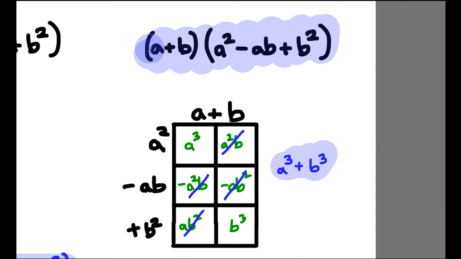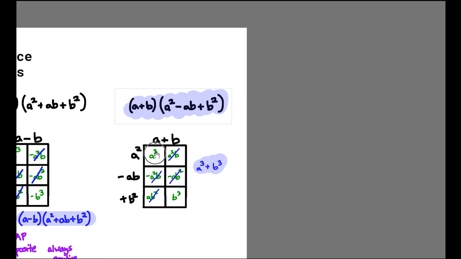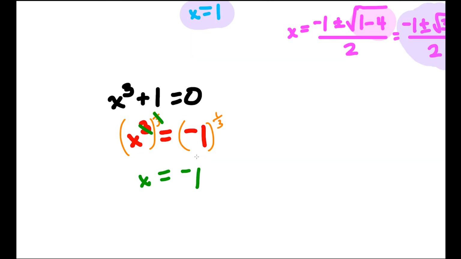And if you notice, it actually follows the same pattern as SOAP. It's got the same operation, then it's opposite here, and then it's always positive. So same, opposite, always positive. Okay, so we're going to use the fact that the sum of 2 cubes factors to this to solve this last problem and find all 3 solutions.